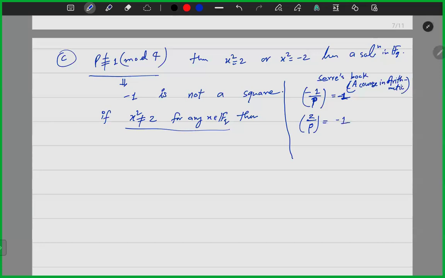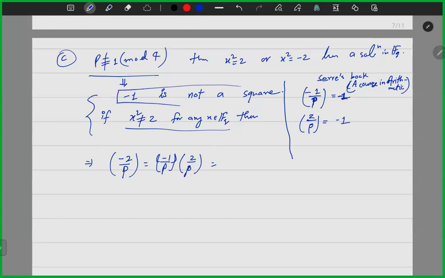And these together will imply the Legendre symbol of minus 2, which is minus 1 times 2. So it can be written as minus 1 times minus 1. But the first one, minus 1 is not a square, is from this part here.